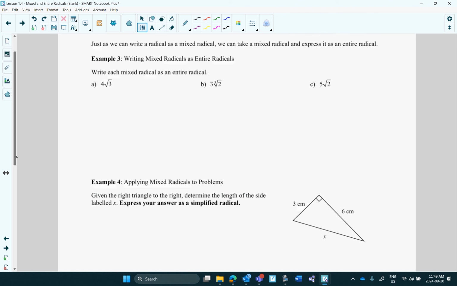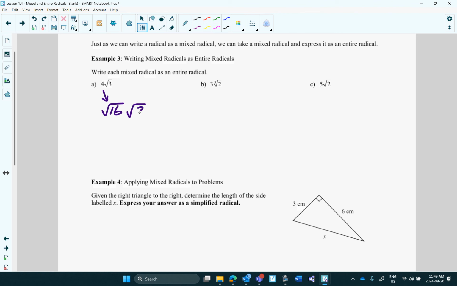Before we do a problem, what happens if we're asked to go backwards? What happens if you're given the mixed radical and asked to write what was the entire radical we simplified? Well, we have to figure out what radical we simplified, and we got 4 root 3. 4 is the same as the square root of 16.